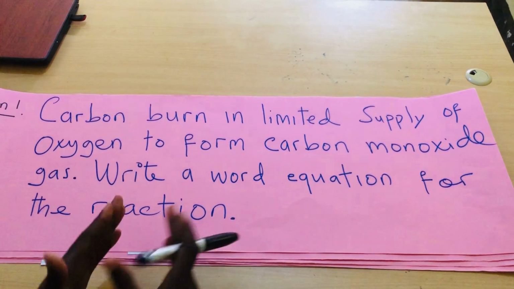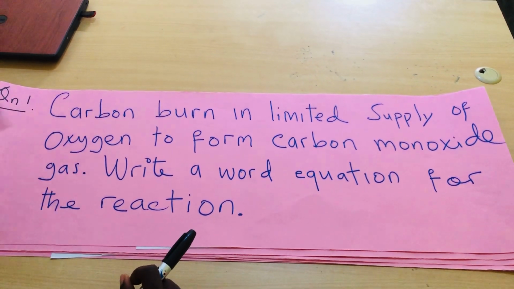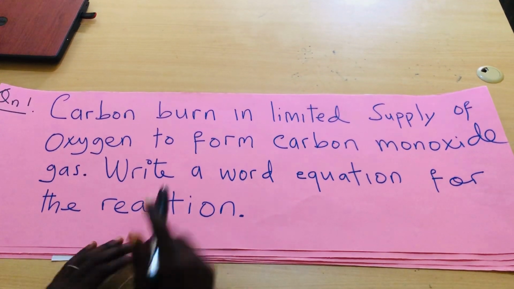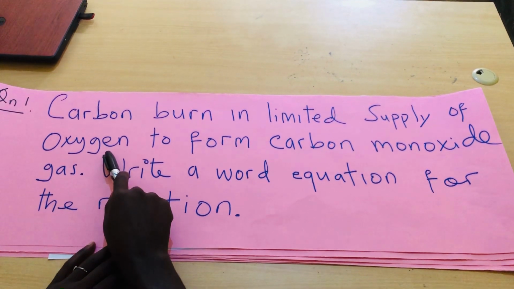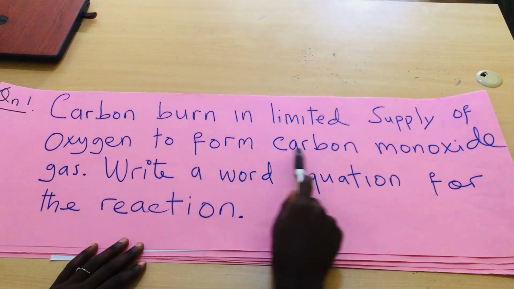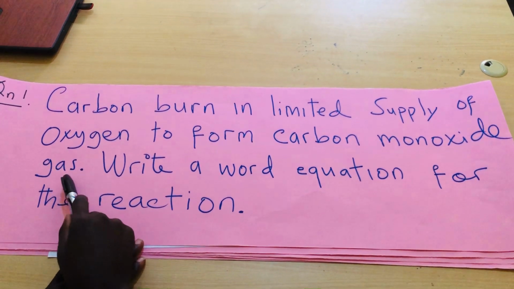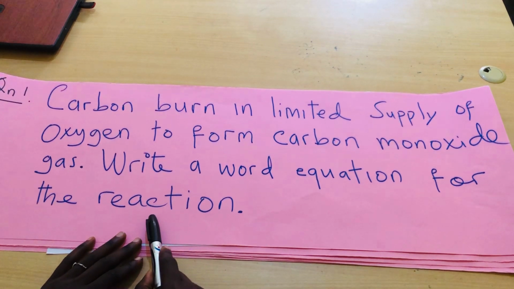We have been asked to write a word equation from these statements here. So this question is carbon burn in limited supply of oxygen to form carbon monoxide gas. Write a word equation for the reaction.